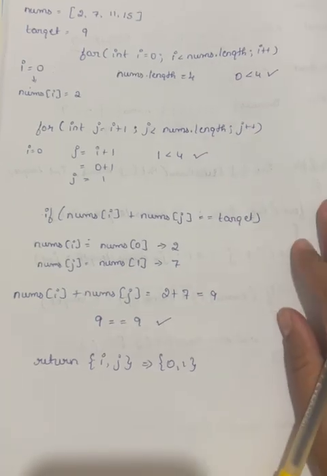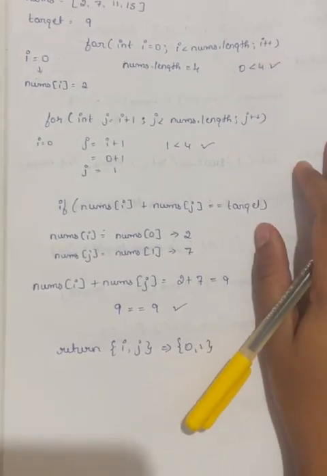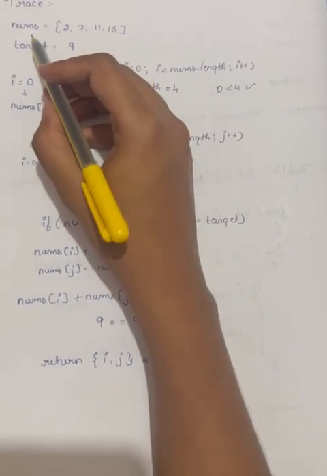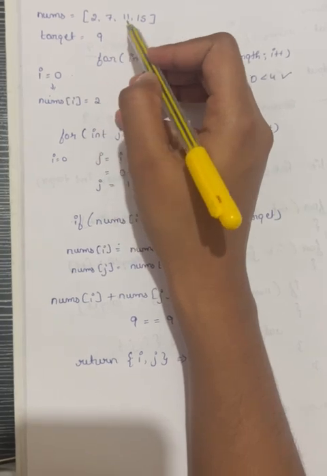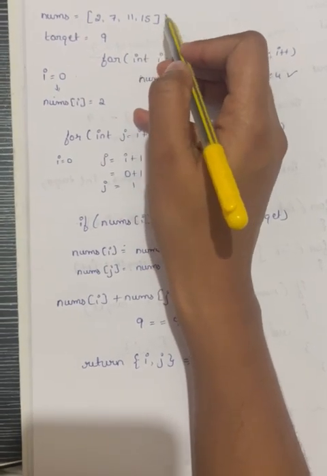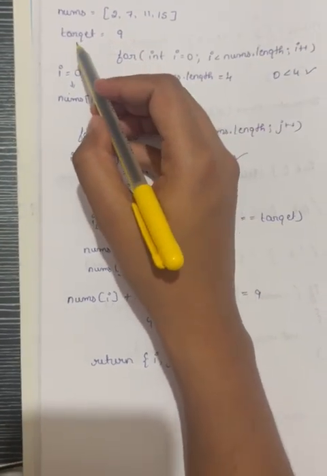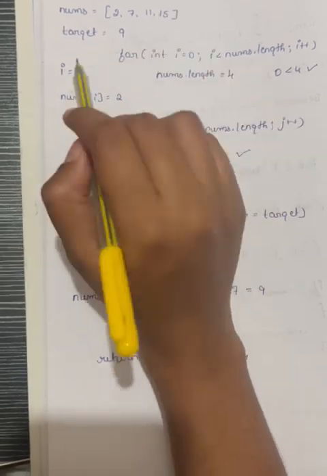Now let's look into the tracing part. Here nums is equal to 2, 7, 11, 15. This is my array, in which I'll be taking the target as 9.